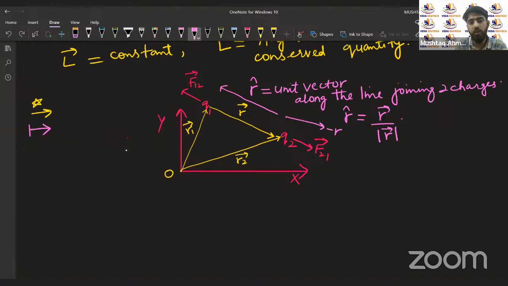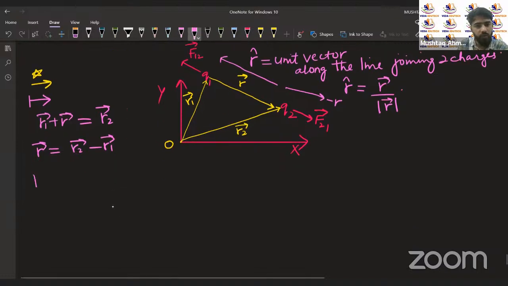They are in the same order. But r2 vector is in the reverse order. So according to the triangle of vectors, r1 vector plus r vector will be equal to r2 vector. So from here, we can write r vector as r2 vector minus r1 vector. So this will be our r vector.